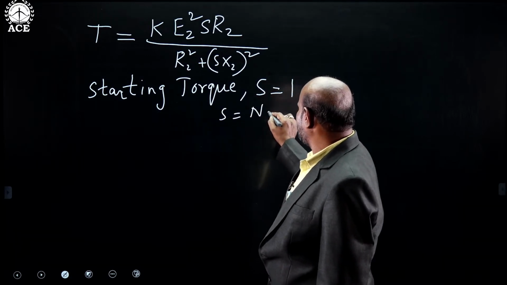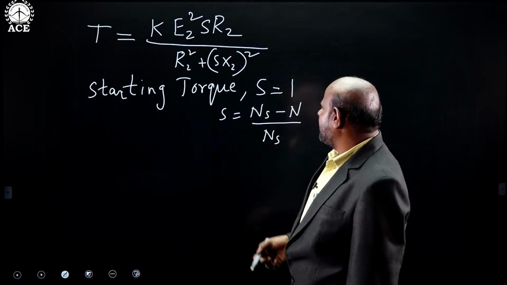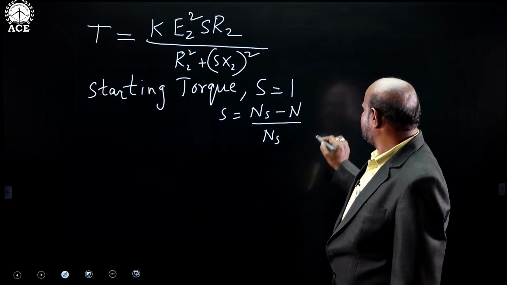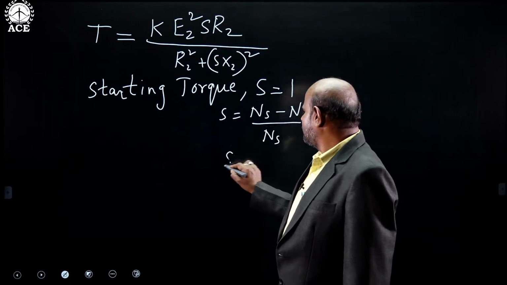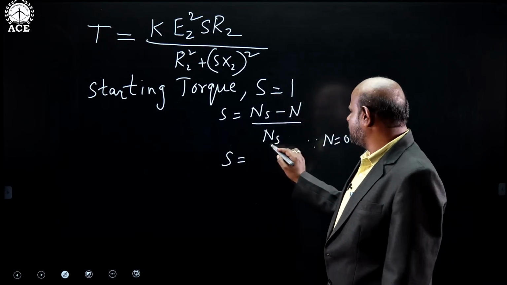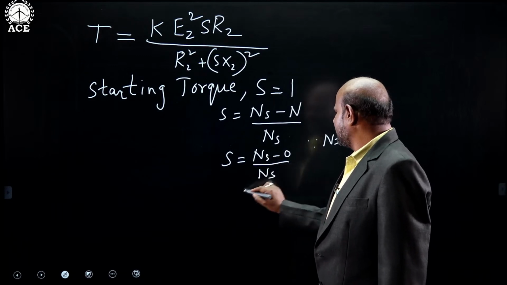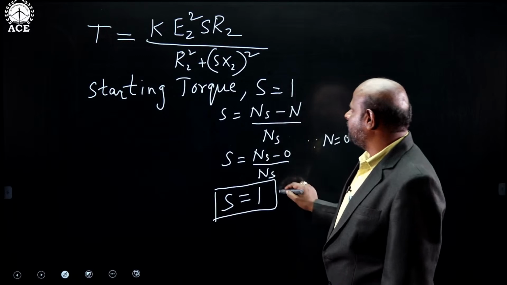S is equal to ns minus n by ns. At the time of starting, speed of the motor is 0. So since speed is 0, what could be the slip? S is equal to ns minus 0 by ns. So slip is 1. At the time of starting, slip is 1.